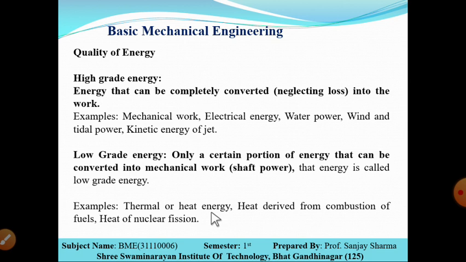So because of that, the heat energy is considered as a low grade energy, which does not have the capacity to convert 100%. Thermal or heat energy, heat derived from the combustion of fuel or heat of a nuclear fission, these are the examples of low grade energy.